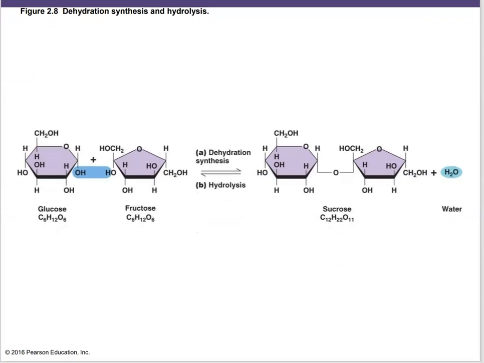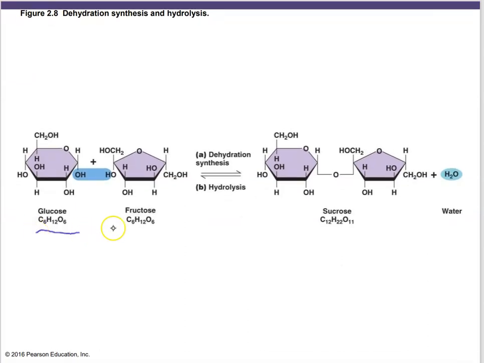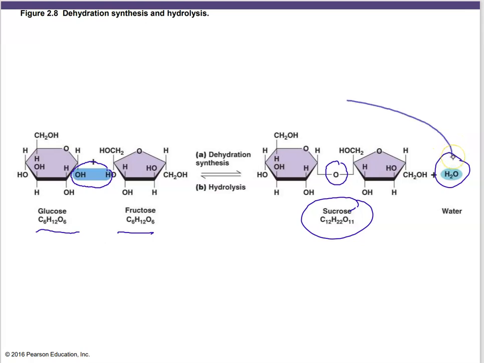We're going to take glucose plus fructose. We're going to take H2O out, one OH and another hydrogen from this fructose molecule, and we're going to form a glycosidic bond. That's this little oxygen bridge that you see here, and that is known as sucrose. This is household sugar. We have one molecule of water. We can also go the opposite direction. We'll take the water and put it back in here and break the sucrose back up into fructose and glucose.